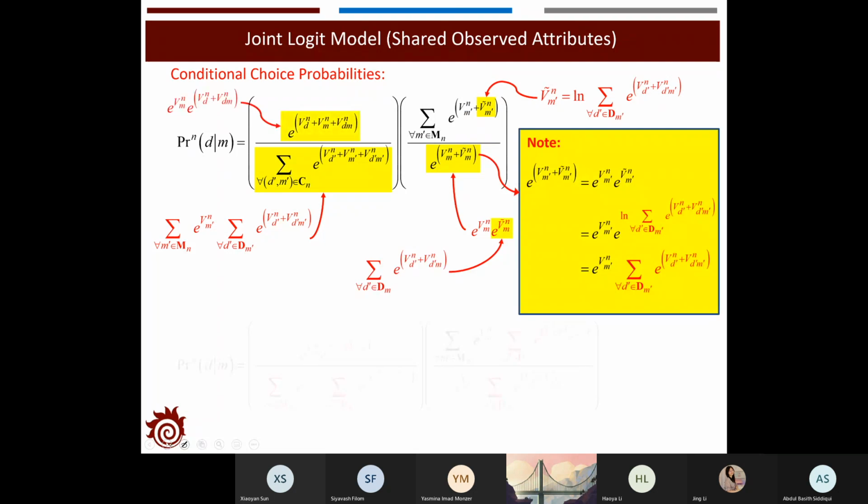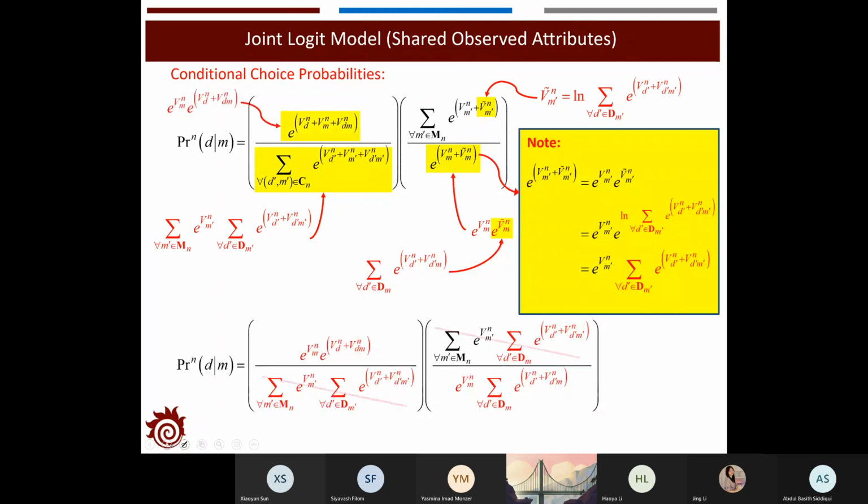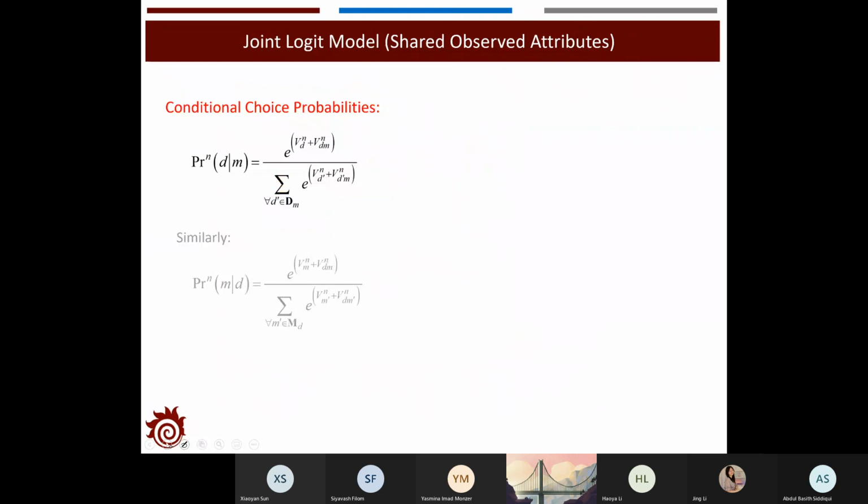So what do we get eventually? I'm going to skip those steps. Eventually, you get the conditional probability for the destination D given the mode M as the exponential of Vd plus Vdm divided by the summation of the exponential of Vd prime plus Vd prime M. Similarly, we can find the conditional choice probability for the mode M given the destination D. You just need to change the index with respect to the destination and the mode a little bit for these two equations.